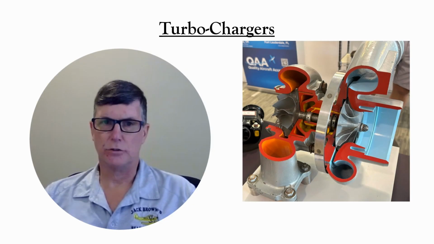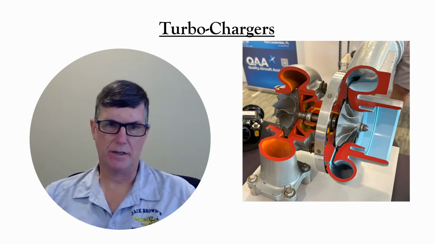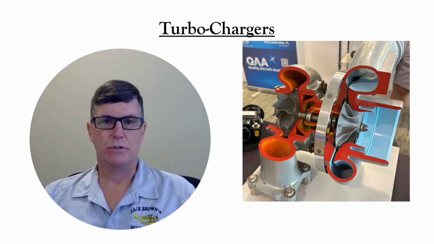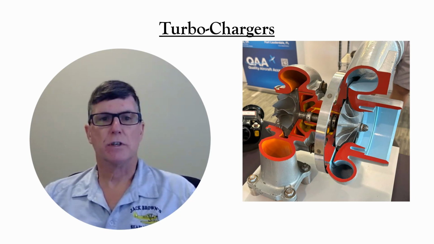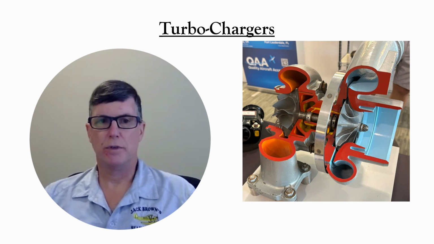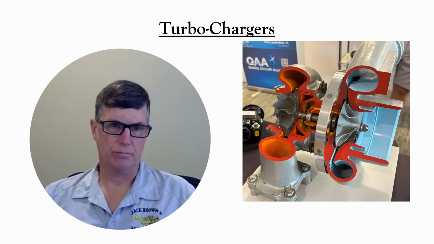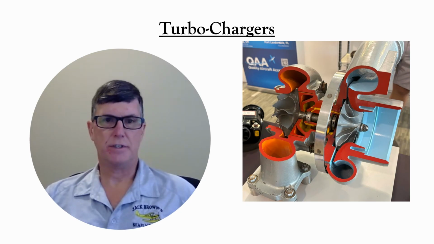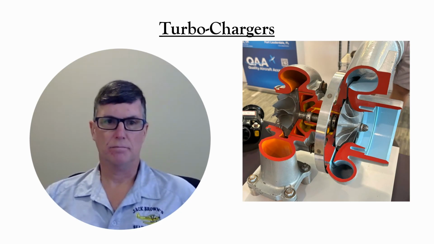A turbocharger pumps air into the manifold as opposed to relying on atmospheric pressure. Pumping the air requires some power. A turbocharger is powered by a turbine in the exhaust system. Some turbocharging systems are designed to increase the engine power at sea level.